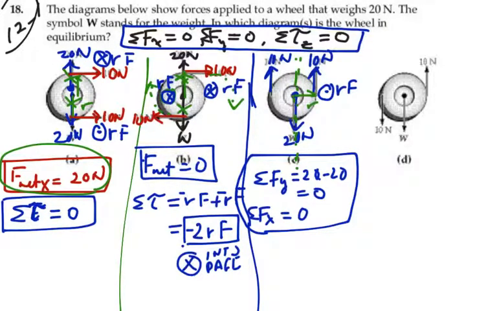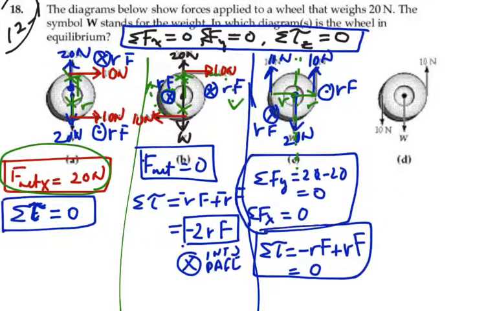And then for this one on the left, it's going clockwise, giving us, by the right hand rule, a torque going into the page of magnitude Rf. So our net torque is going to equal a negative RF for the one into the page plus an RF for the one out of the page, which is going to be 0. So we have no net torque on this one as well.